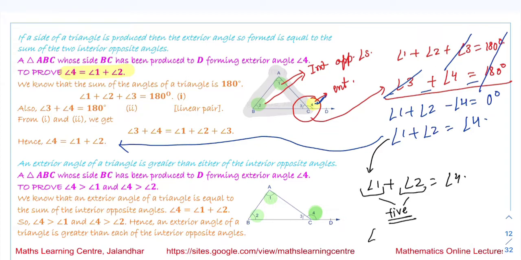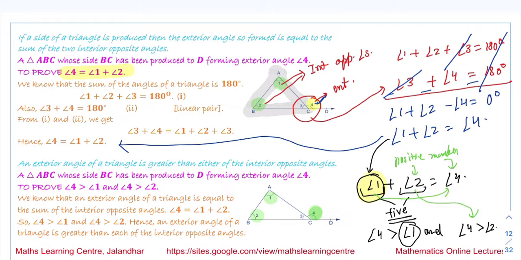So it is clear that angle 4 is greater than angle 1 and angle 4 is greater than angle 2, because if we talk about angle 1, we are adding some positive number to it, and the answer we get is equal to angle 4. So angle 1 is less than angle 4, and for the similar reason angle 2 is less than angle 4.